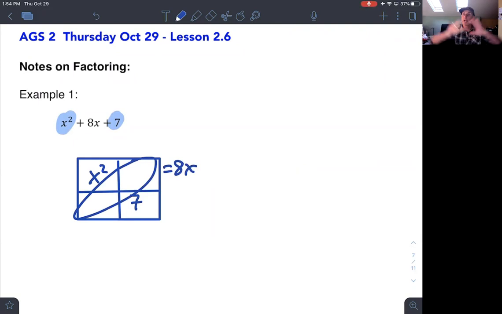And we have to decide how we're going to split that into two pieces. Part of the 8x is going to go here, and part of the 8x is going to go there. So we've got to figure out what goes in those two spots. In order to do that, we take the 7 and we say something times something equals 7. I'll use a dot instead of an x because we're using a variable x.